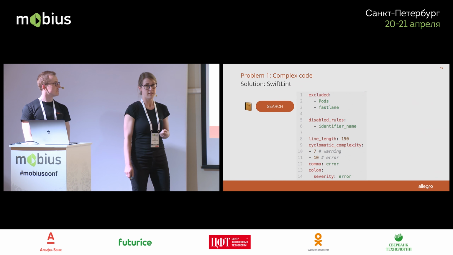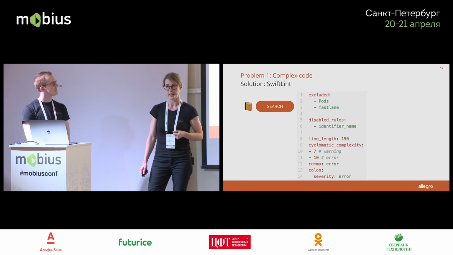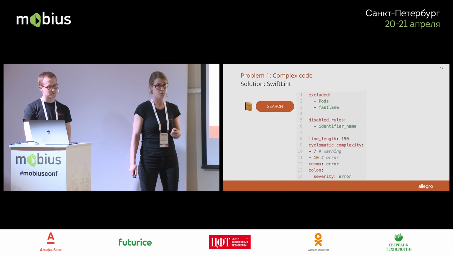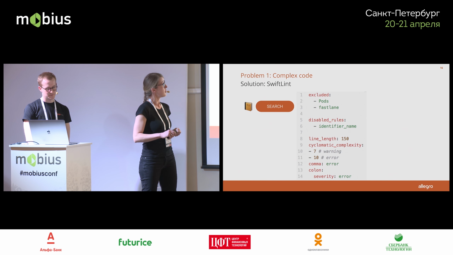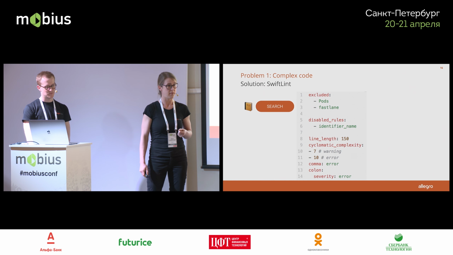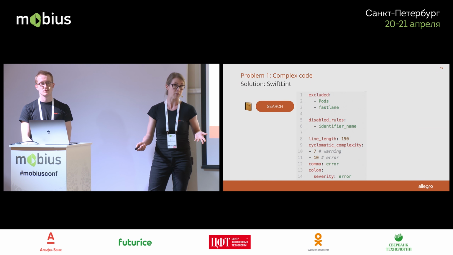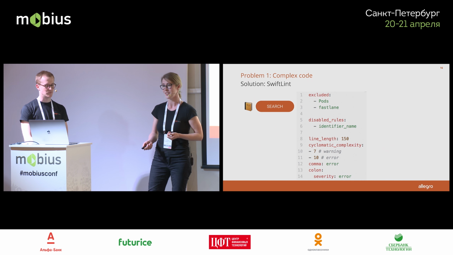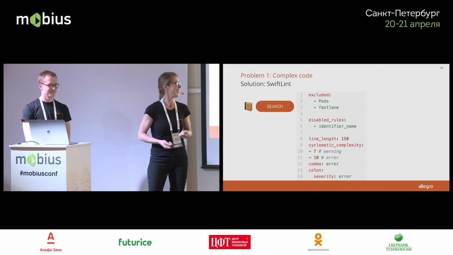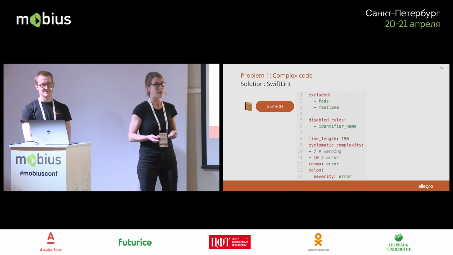This is how an exemplary configuration file looks. It's called swiftlint.yml. This is the place where you can, for example, exclude some of the files that you do not support, like external libraries, for example some pods you are using.